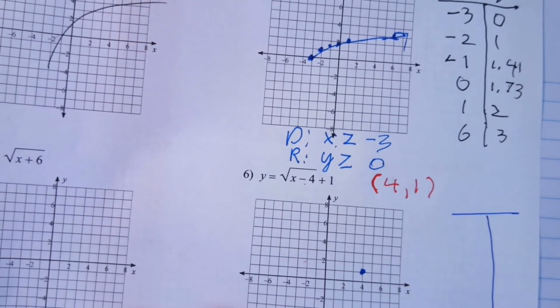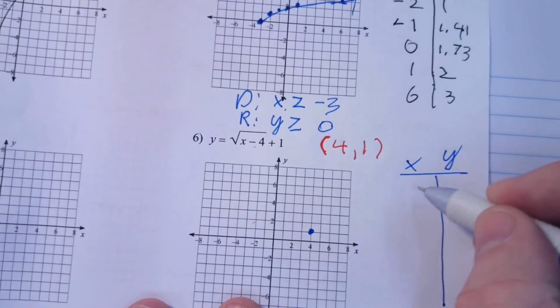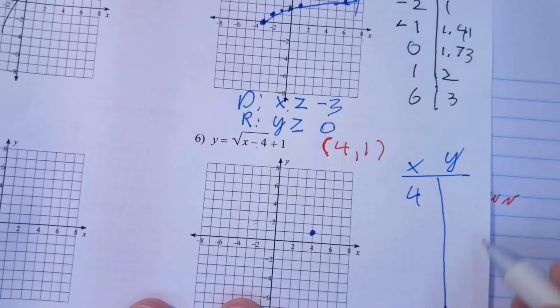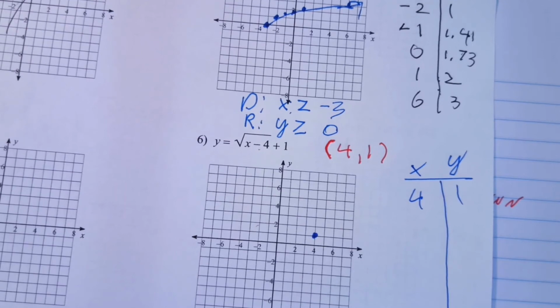So when I do my t-table, I bet you that my first x that I'm going to deal with is what? 4. And what's my first y going to be? Okay, put it in the calculator and see if we can get a few more points to graph on here. Let's see if, if I put this in here right, it should work, right?